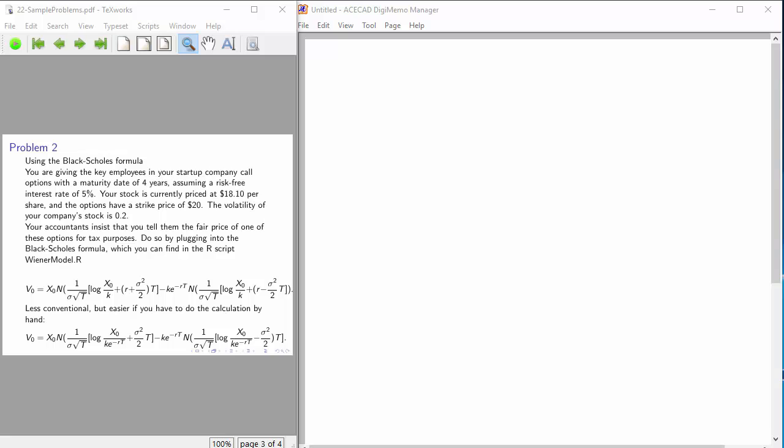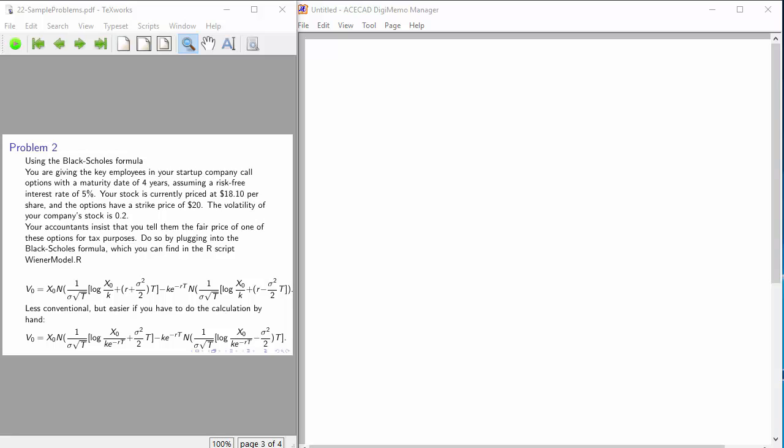And if you look at the rewrite at the bottom, you will see that effectively what's happening with this formula is every time I have the strike price k, I replace it by the discounted strike price k times e to the minus rt. That happens in 3 different places.